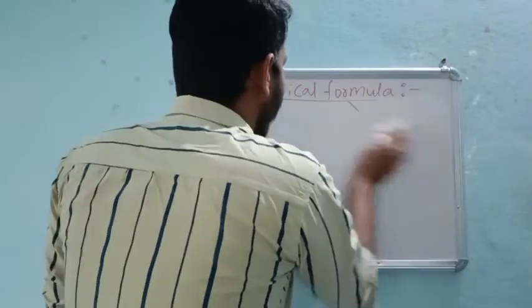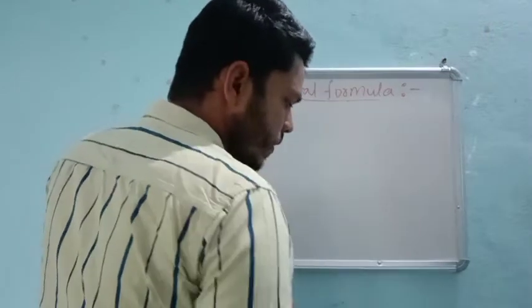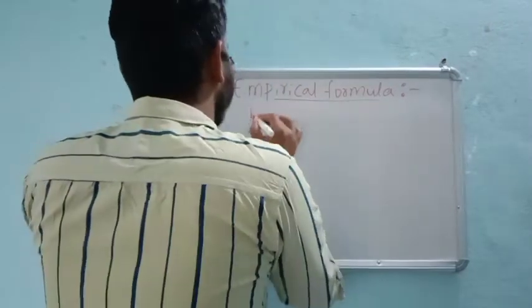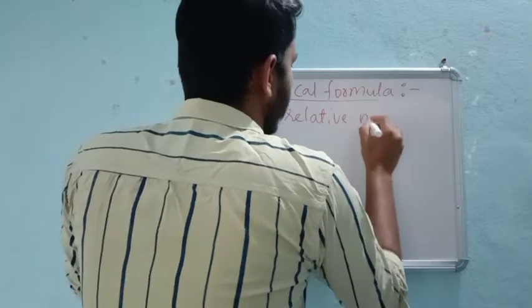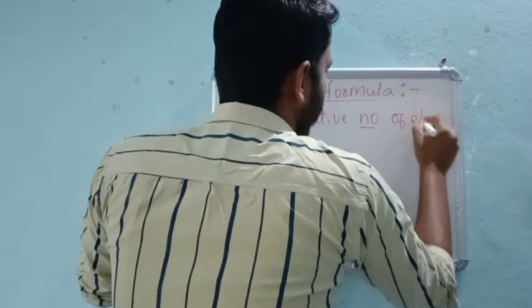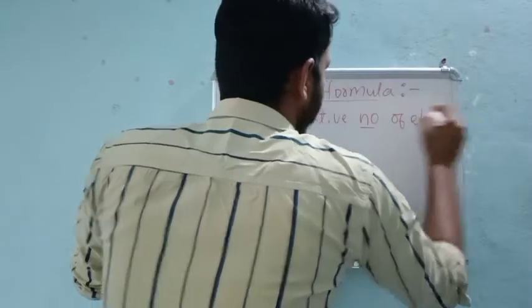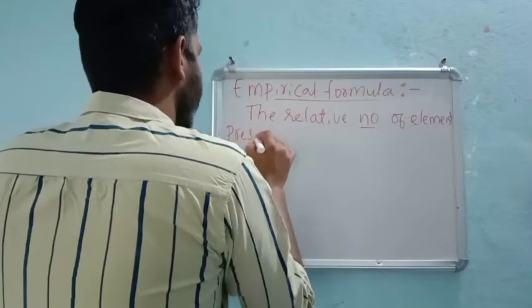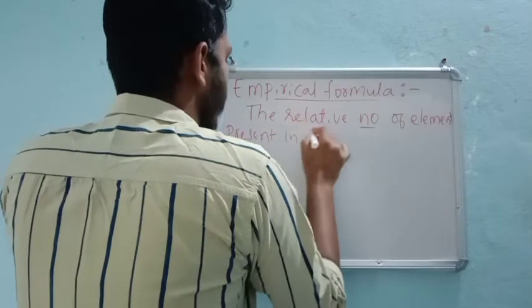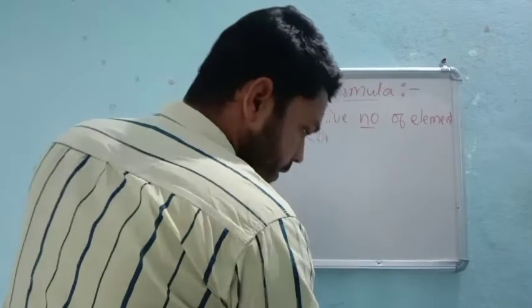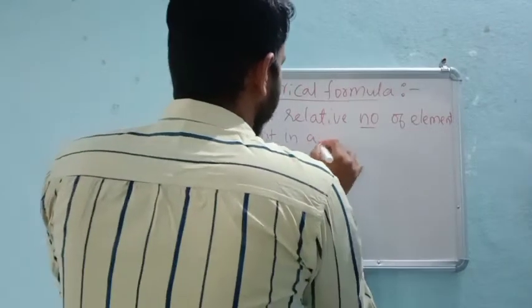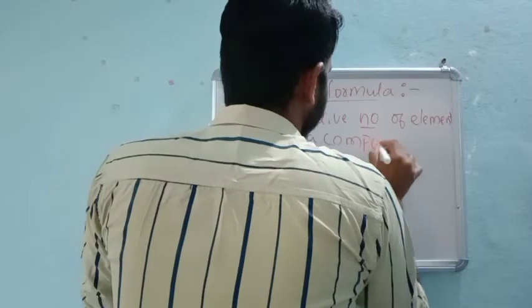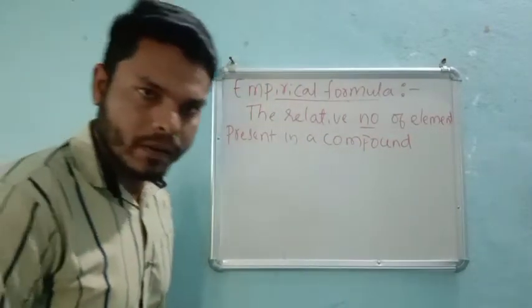So if you want, you can take this as the definition: the relative number of elements present in a compound is nothing but what we call the empirical formula, right?